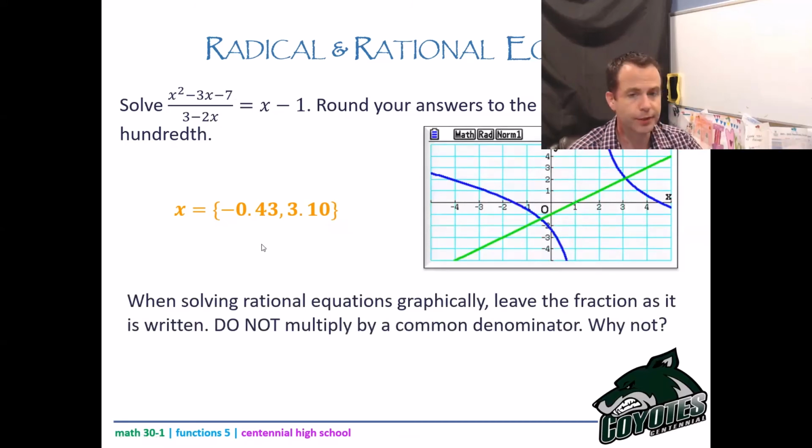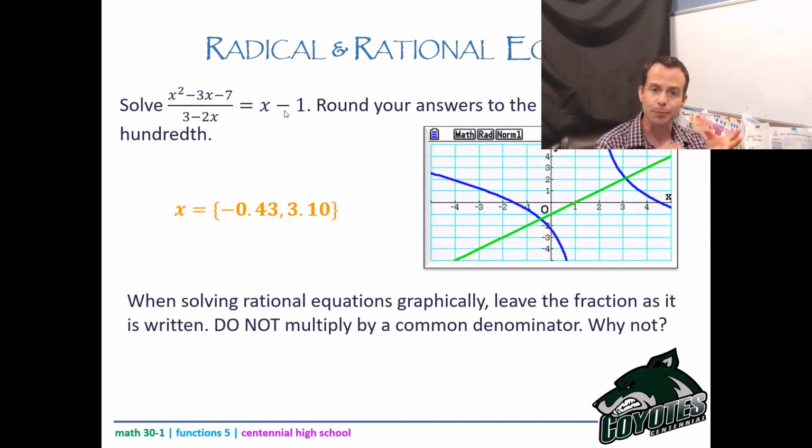Okay, just a little warning. When solving rational equations graphically, leave the fraction as it's written. Do not multiply by a common denominator here. Why not? If you multiply by a common denominator, you wipe out the fraction. And if you wipe out the fraction, you may actually get an answer that was once a non-permissible value, right?